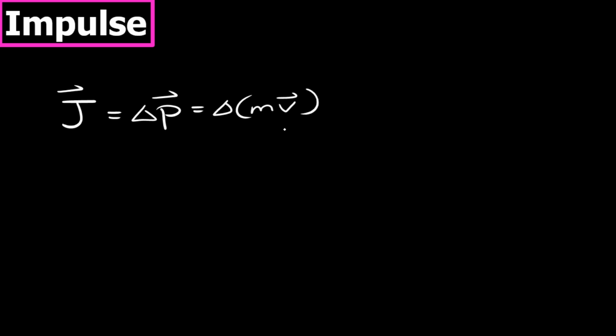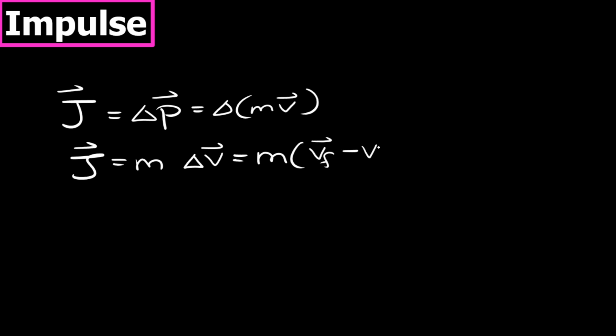However, in most cases we do not change the mass, we change the velocity. So J equals m times the change in velocity. As I've said before, whenever you see delta, you can expand it into the final velocity minus the initial velocity.